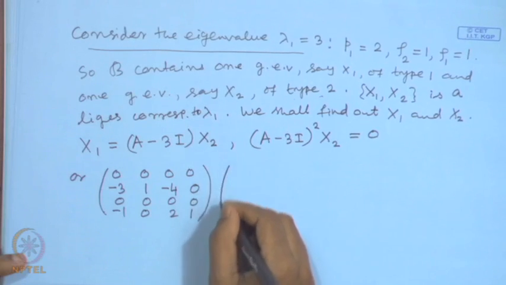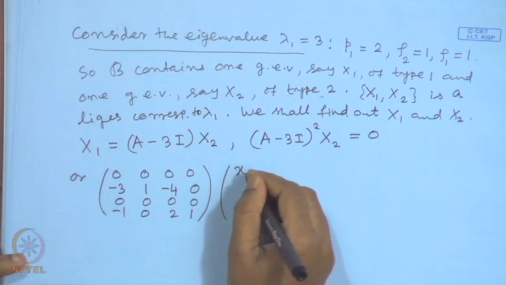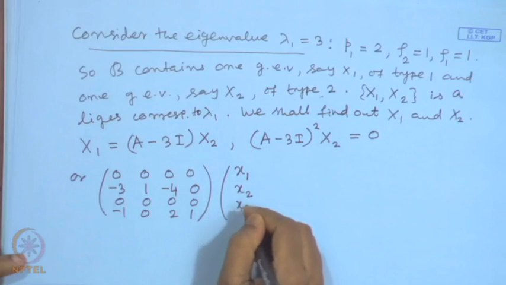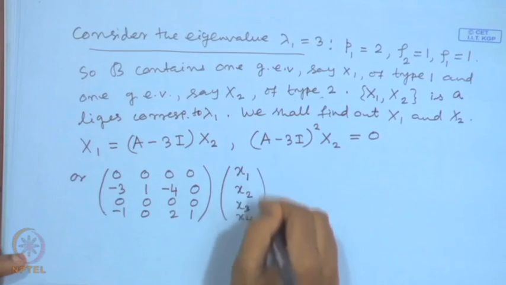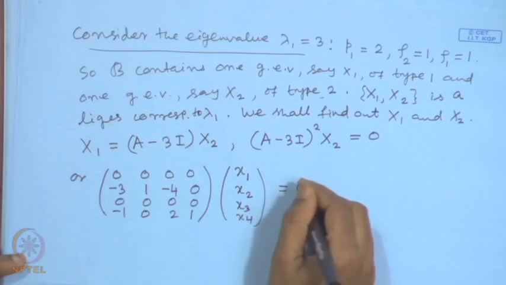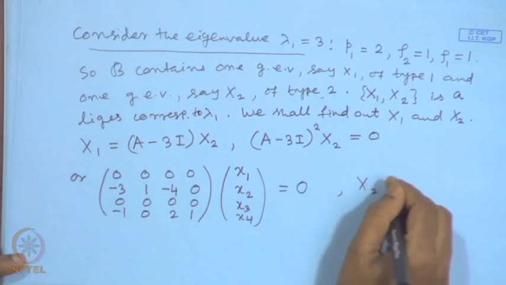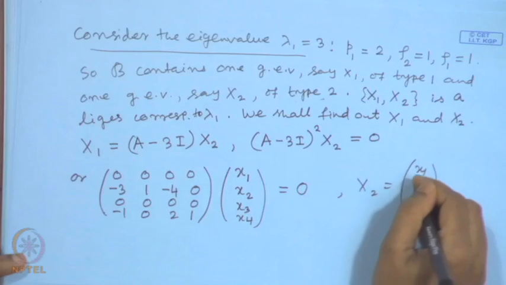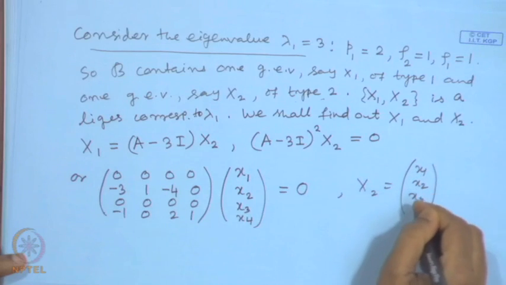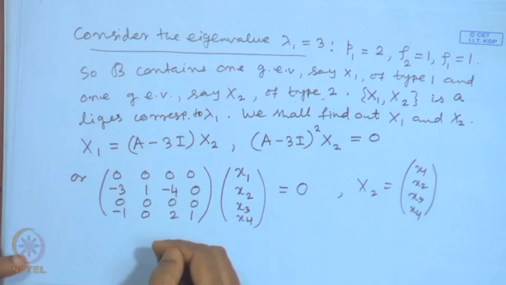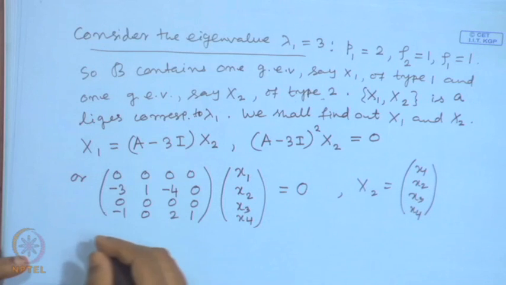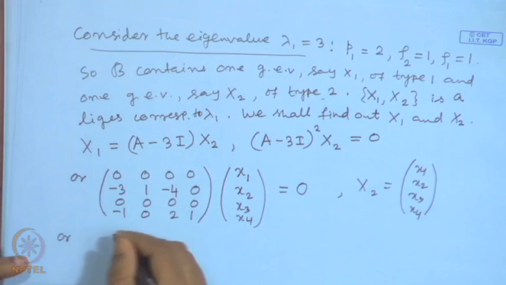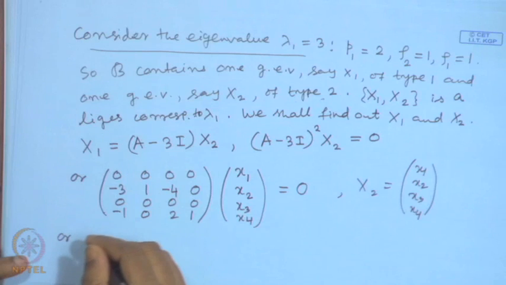For x 2 we consider the vector x 1, x 2, x 3, x 4, and this is equal to 0.